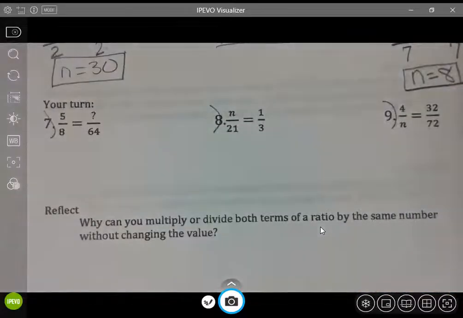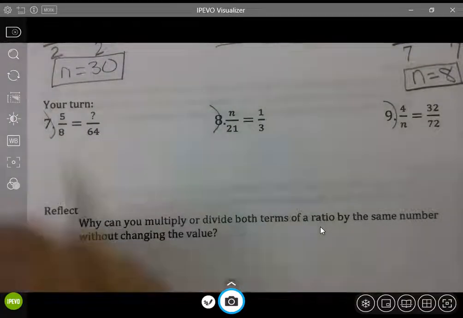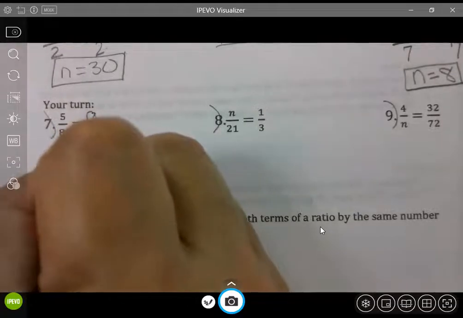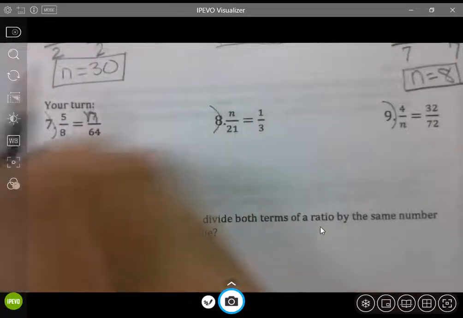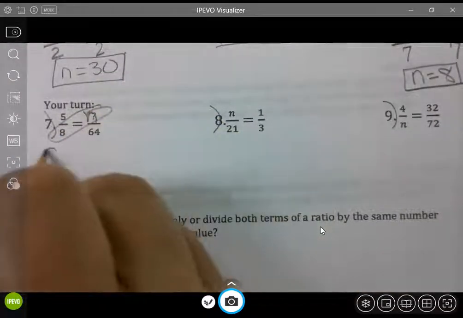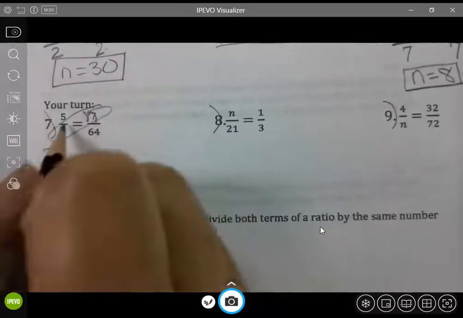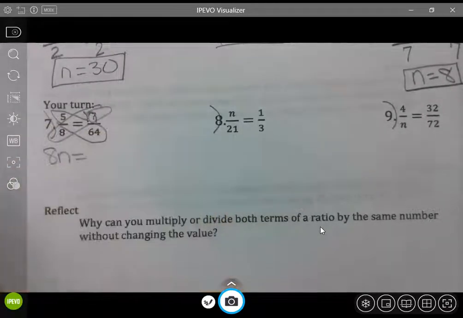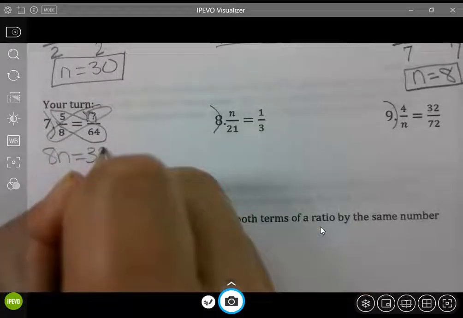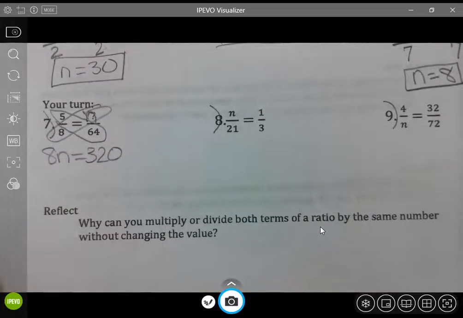Okay, I want you to do 7, 8, and 9, pause it, and then check your answers with me. Okay, first of all, I'm in middle school, so I'm going to change that to a variable. 8 times n, 8n. 5 times 64 is going to give me 320.